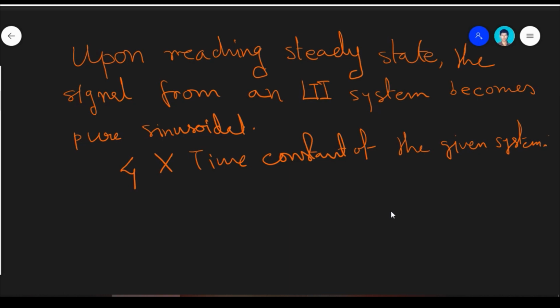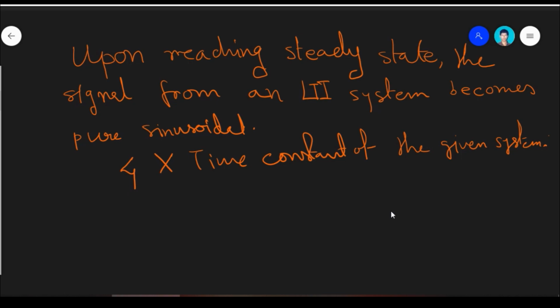This holds for each and every dynamic system, meaning a system with either an inductor or a capacitor. Detailed discussion on dynamic systems is not under the purview of the present course. For a dynamic system, if you allow 4 times the time constant, then the system will reach its steady state condition.